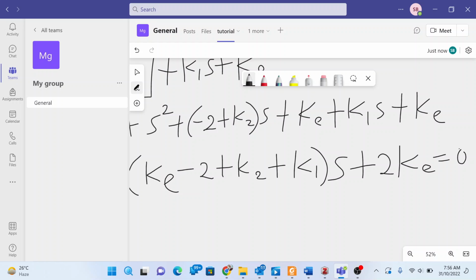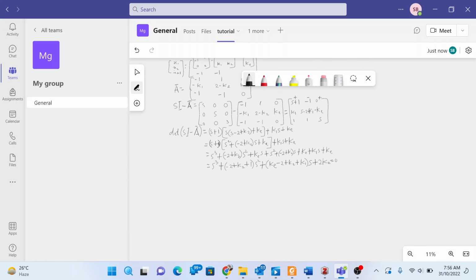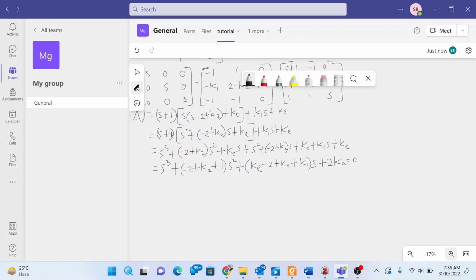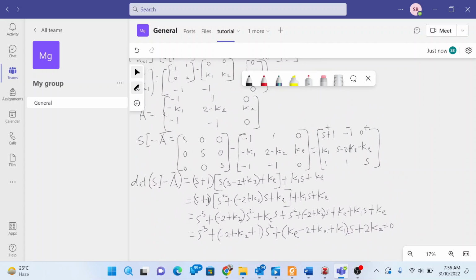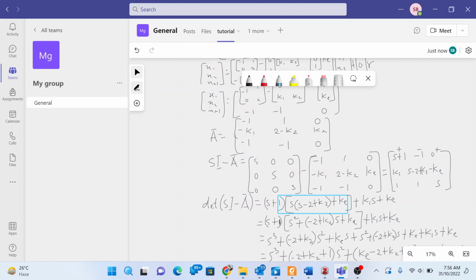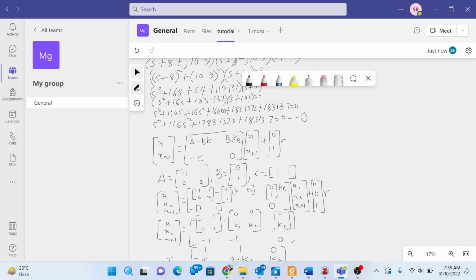Now with this characteristic equation, we'll compare this together with the other one. If you look at this very well, we'll compare with the characteristic equation that we got earlier, which is equation 1.